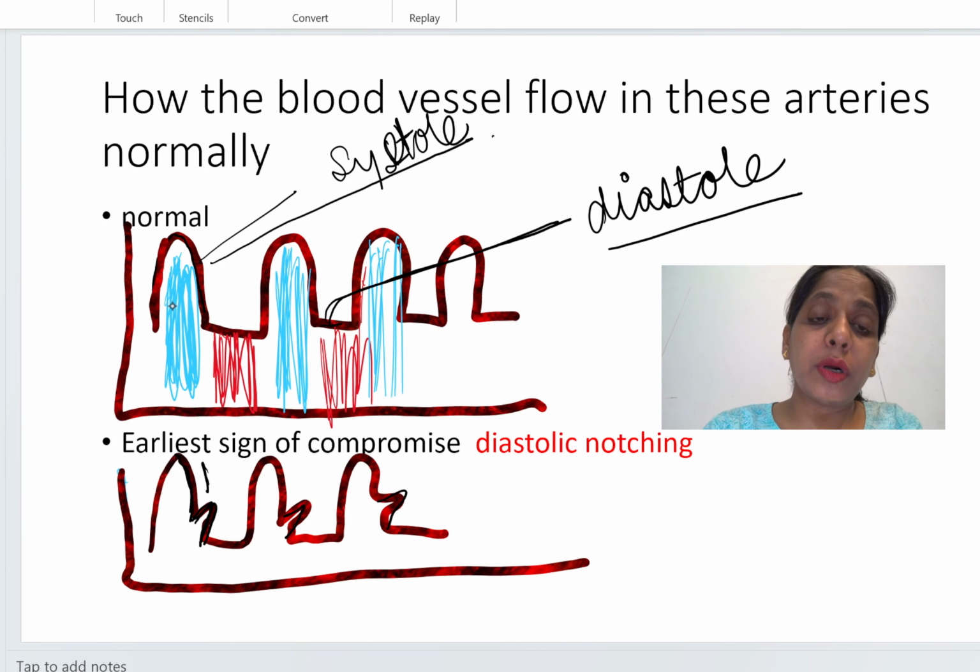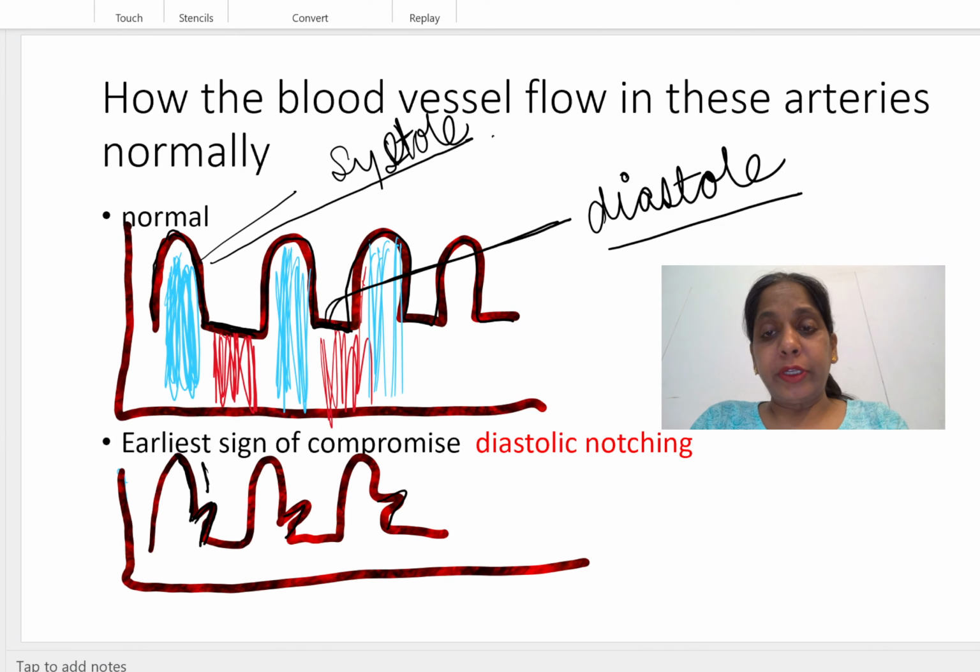So first the blood pressure raises, then the blood pressure comes down, flow comes down, then flow is stationary in diastole, then it again raises in systole, then again comes down, then it's stationary. This is the normal graph which is found in the arteries of the fetus.